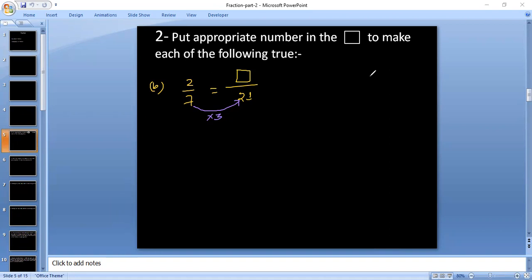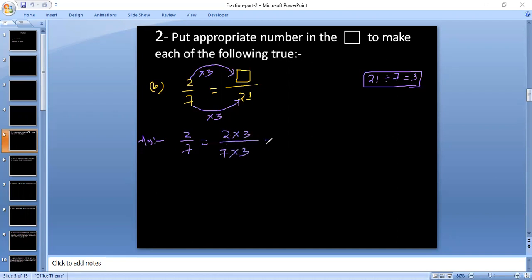I determine 3 by dividing 21 by 7, which is 3. So multiply the numerator by 3 as well, and it becomes 6. Written out: 2 by 7 is equal to 2 into 3 by 7 into 3 is equal to 6 by 21. Since 21 is already present, simply write 6 here.